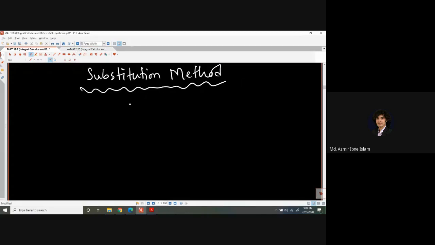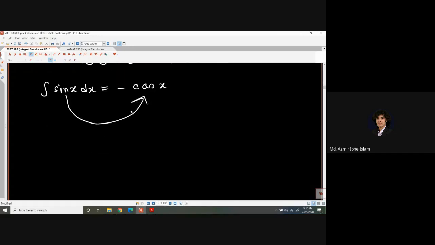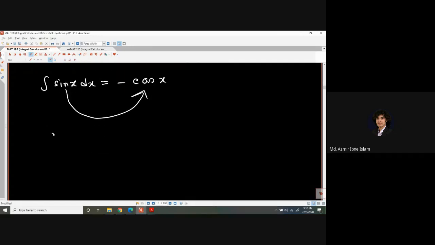So why do we need u substitution method? First of all, already I have mentioned that integration of sine x dx is equal to negative cosine x. That means for this function, you know what will be the antiderivative. But things will be critical if suppose we have integration of sine x plus 1 dx.